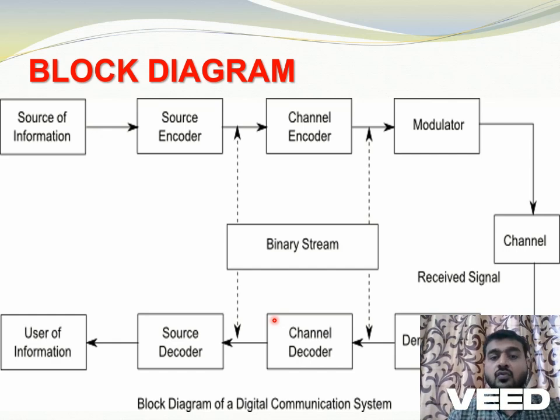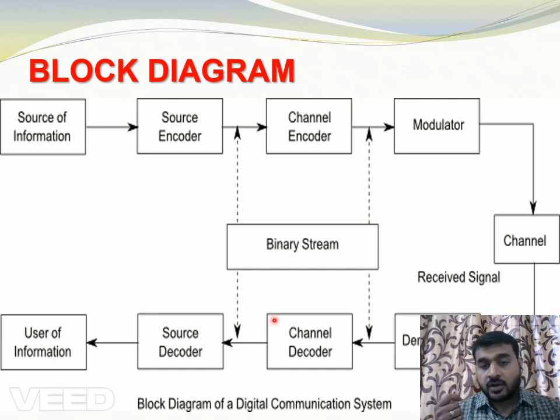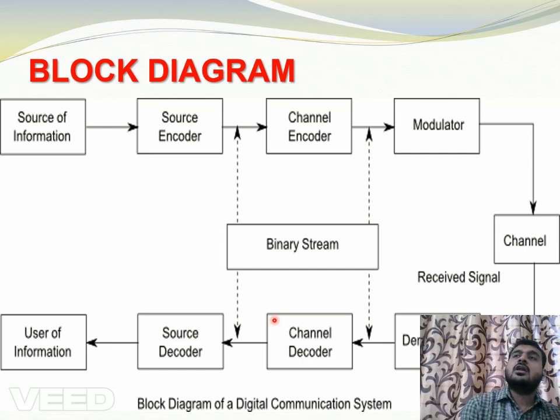And then you will have the source decoder. The source decoder will convert your digital information into analog information, and then you will be able to receive whatever information is sent. The user of information is nothing but whatever text has been received by the receiver.